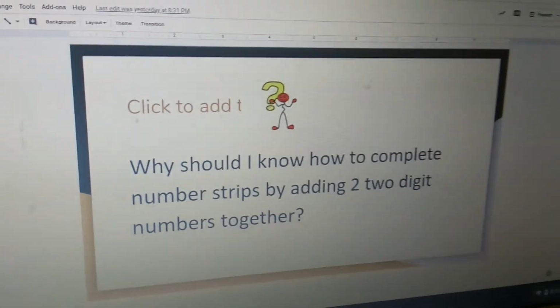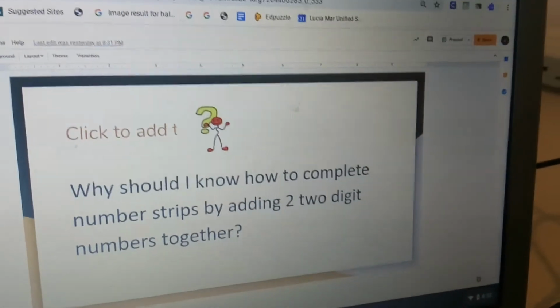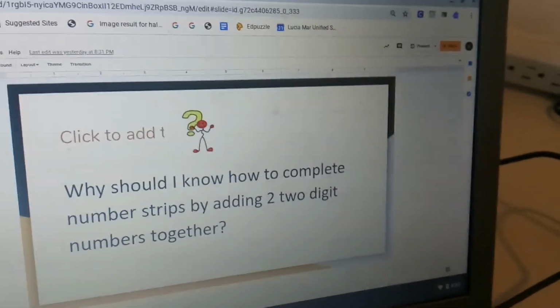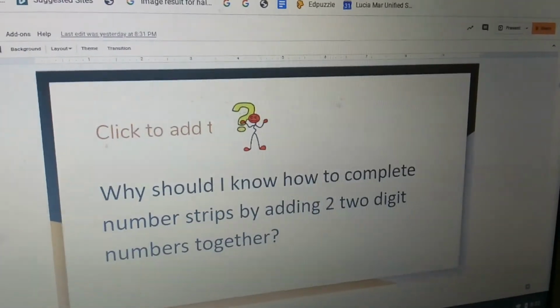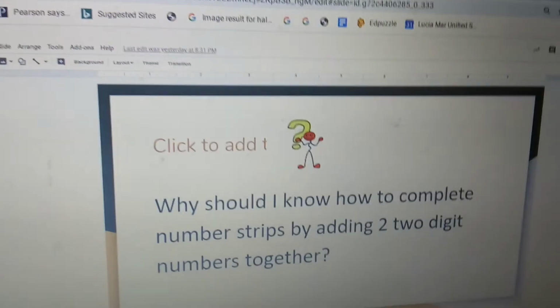Wow, great job, everyone. So you may be wondering, gee, Mrs. M, why should I know how to complete number strips by adding two-digit numbers together? Being able to add two-digit numbers together in order to complete a number strip is a very important skill because it helps us understand place value, meaning how many tens and how many ones are in each number.